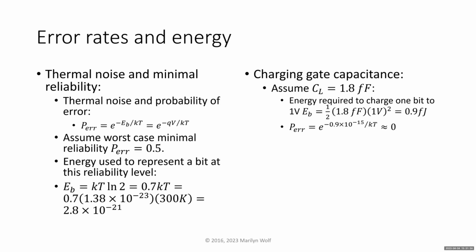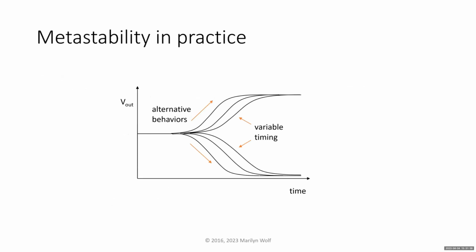But what about registers, flip-flops? Okay. So let's go back to having the x-axis be time. This is the output voltage of a register. Okay. In the case of metastability, when we try to set the value of a register, it stays in this indeterminate state for some amount of time.